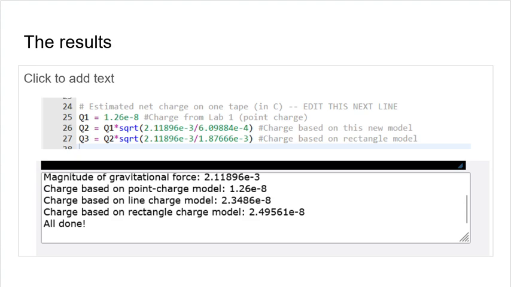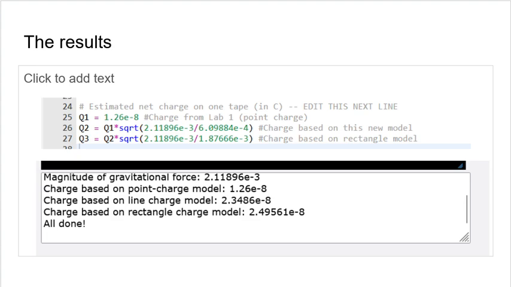If we were using a point charge model, we would get, as you can see here, a good bit lower charge, and that's because you need less charge to create the same amount of force with a point charge. If you think about a line charge, the charge on the left of the bottom one is going to have a lower force on the charge on the right of the top one, because it's a much further distance than it is to the charge on the left of the top one.